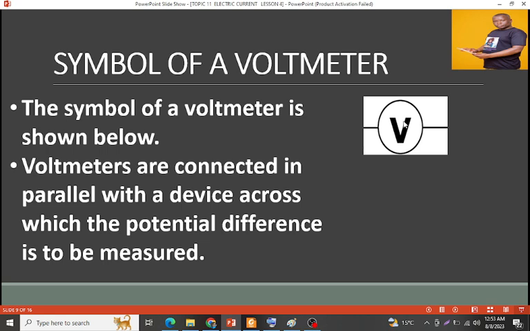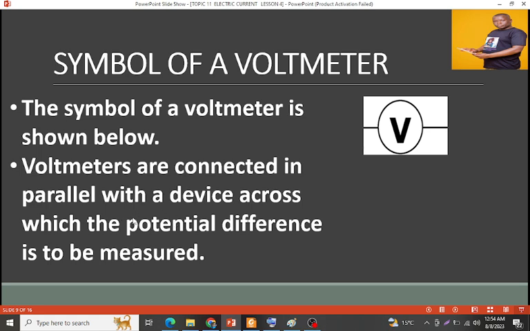And when you are connecting a voltmeter in a circuit, a voltmeter is connected in parallel with a device across which the potential difference is to be measured.